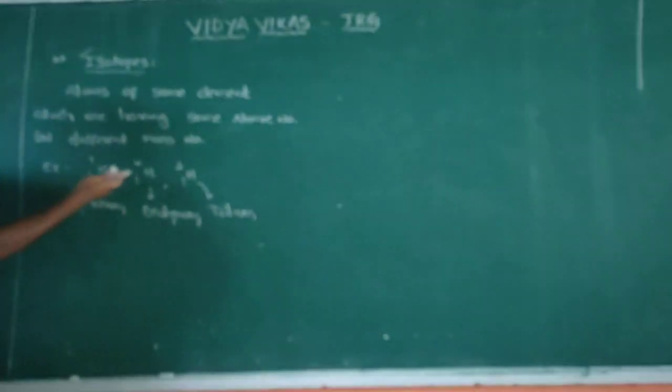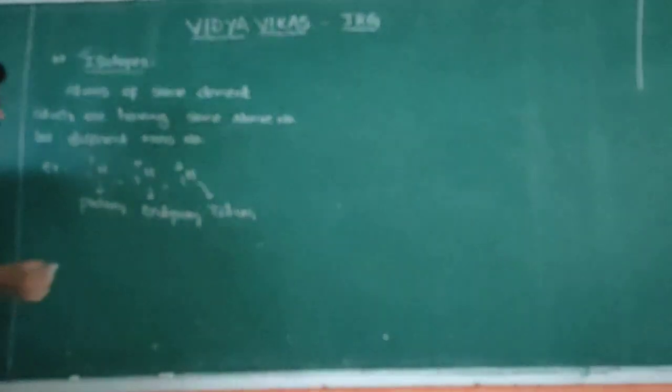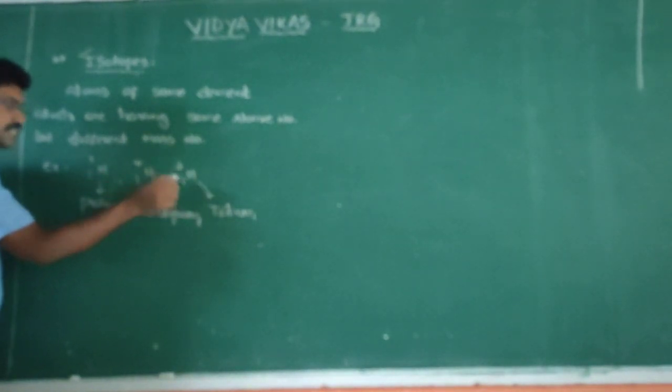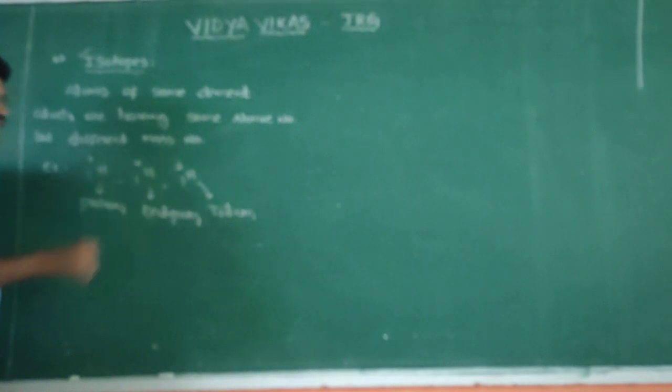So these are isotopes of hydrogen, because these three species have the same atomic number but a different mass number.